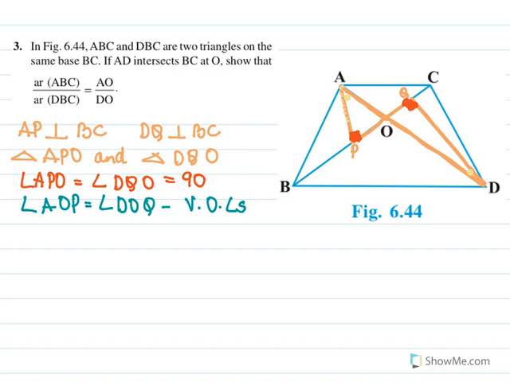That is, angle PAO will be equal to angle QDO. So we write that angle PAO equals angle ODQ by angle sum property. So three angles of one equal three angles of the other. So the triangles are similar.